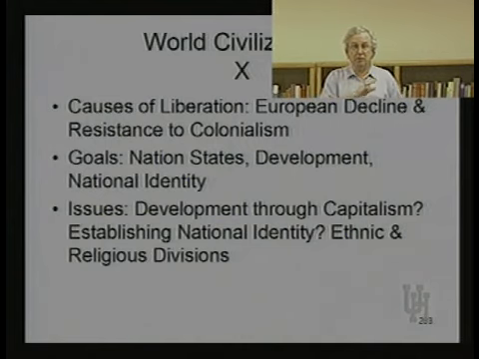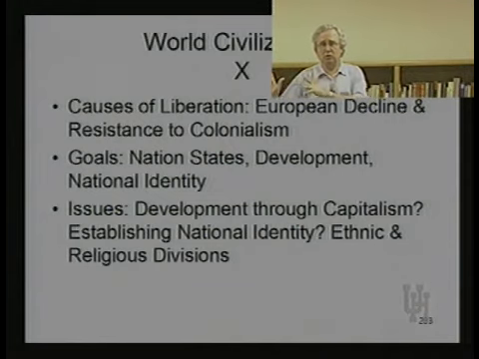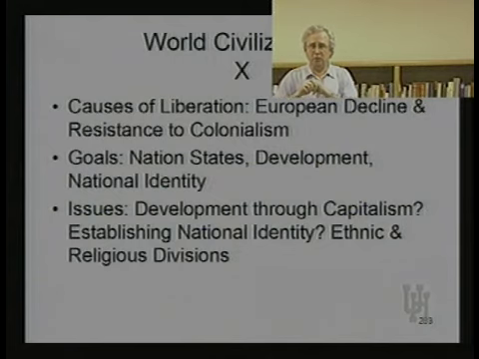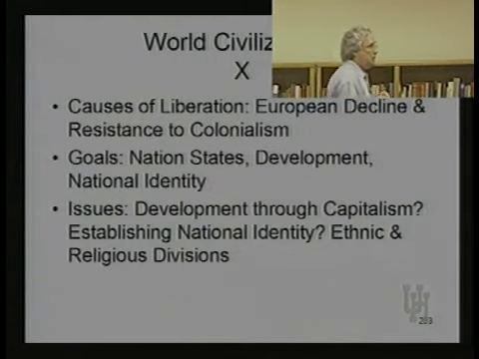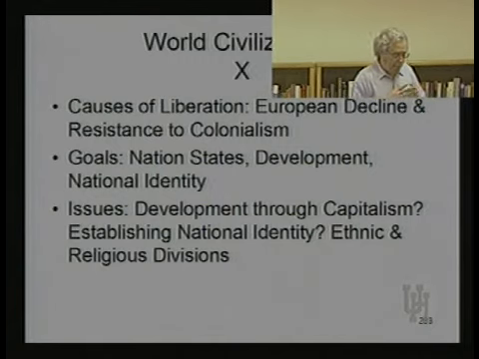And fairly consistently, most of these new states rejected capitalism initially because, to them, it represented the worst aspects of European colonialism: the exploitation of their labor, the control of their natural resources, and the creation of economies that were distorted in their development, focused almost exclusively on the creation of raw materials to be fed into the European industrial plants. So most of them would seek some version of socialism as an alternative.